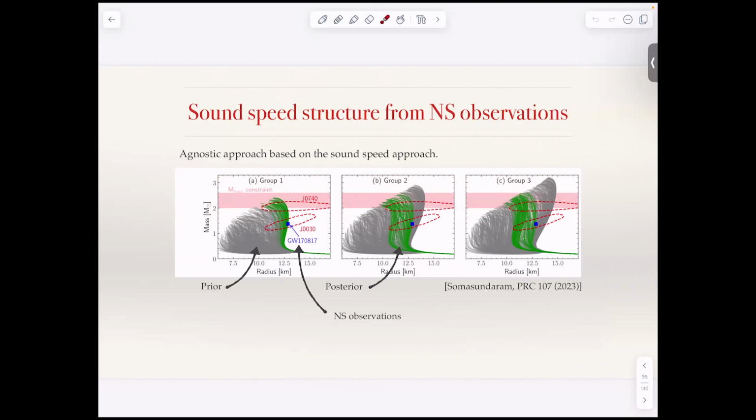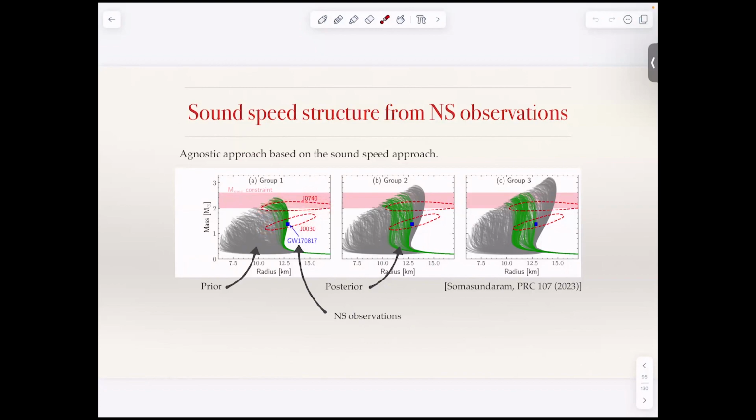But there are also some mass and radii measurements by an observatory which is called NICER, which has up to now observed two systems, two neutron stars, this J0030 and this J0740, and they typically produce contours that look like that.